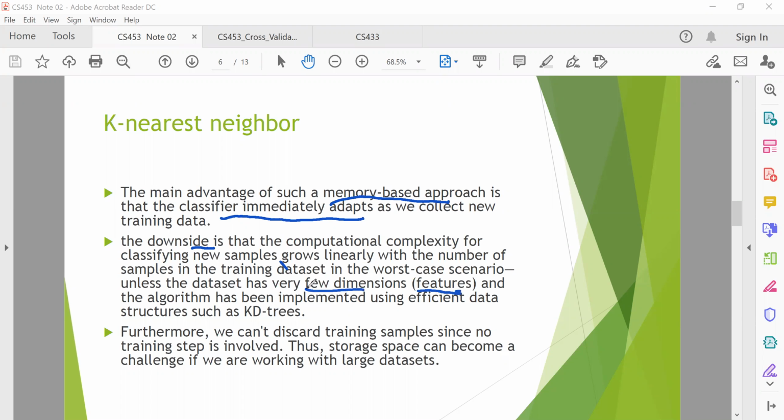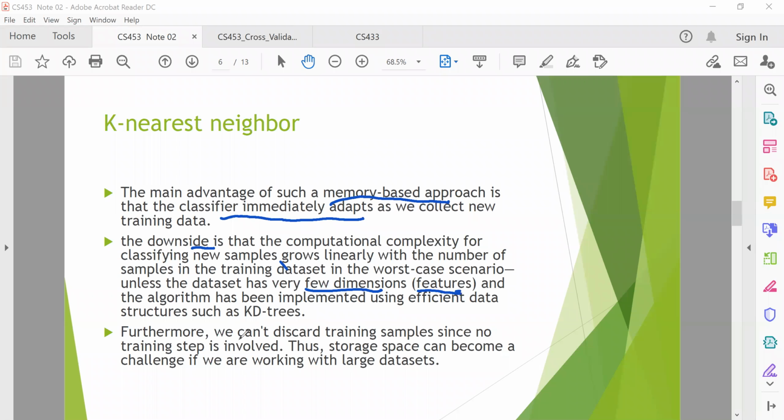Here we use dimensions and features interchangeably. Or the data has already been structured as a certain efficient data structure. So this is the downside, the computational complexity grows a lot, okay?